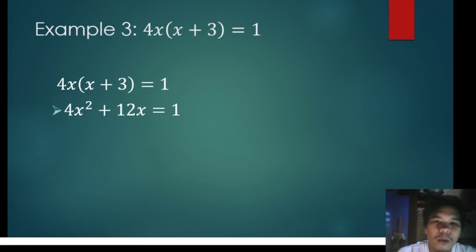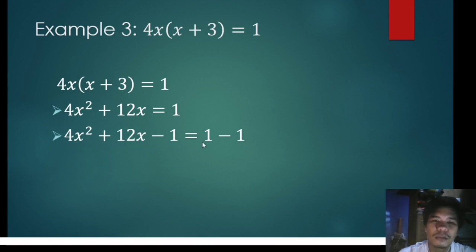Since we subtract 1 at the right side, since this is an equality, we need to subtract also 1 at the left side of the equation. So we obtain this equation, 4x squared plus 12x minus 1 equal to 1 minus 1. So 1 minus 1 now is 0.